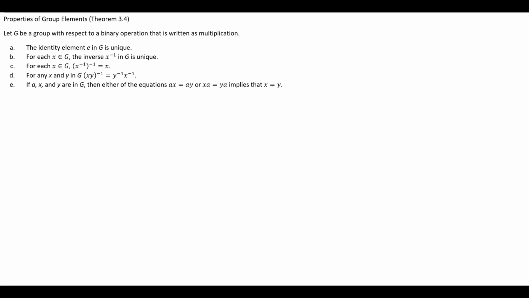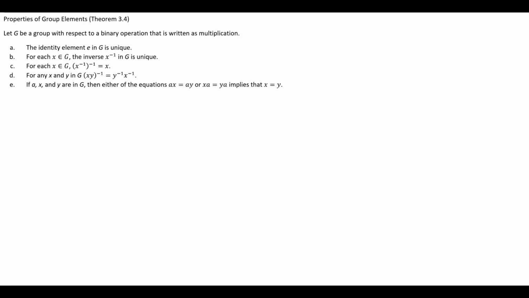We know that the group has to have an identity element with respect to that binary operation, and every element in the group has to have an inverse. So those are the four qualities of a group.